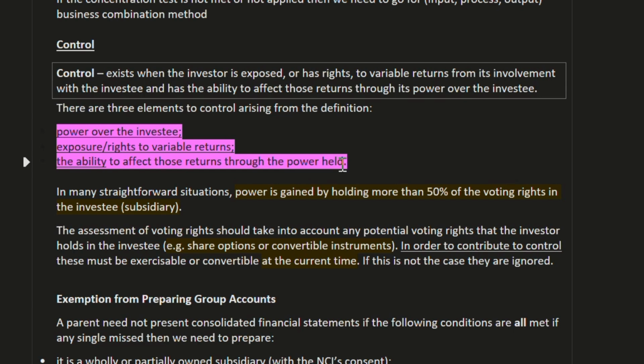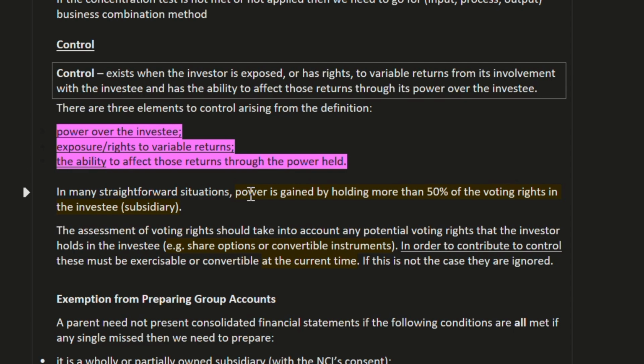For example, if we took the decision to invest in new plant and machinery, a new factory, our return will increase.